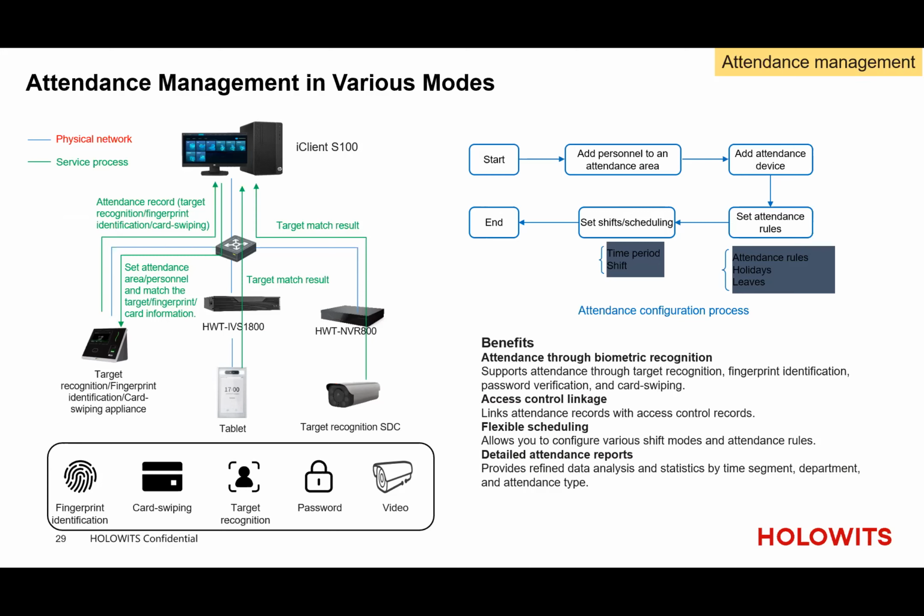Then, based on the attendance data, we need to configure attendance staff, add attendance rules, and set such things as shifts and time periods. After that, the attendance data will be integrated, and an attendance record will be formed. We can also export all these data reports.